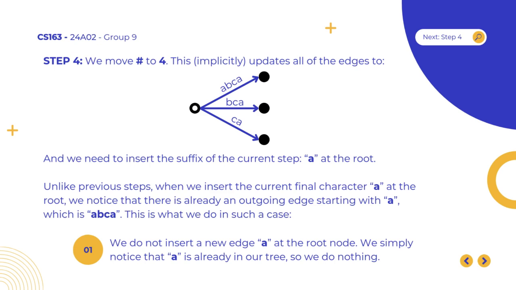But unlike previous steps, we notice that there is already an edge starting with A. So this is what we're going to do. We do not insert a new edge at the root node. We just notice that A is already in the tree. So we basically do nothing.